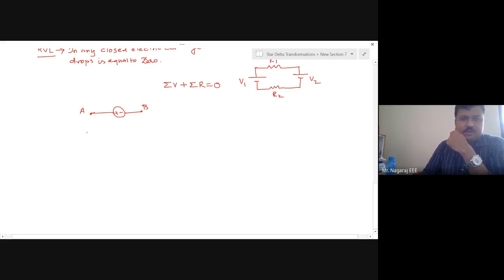Now I can have VAB and I can have VBA. I can take the potential of B with respect to A, or the potential of A with respect to B. So I want to find the potential difference, let this be E, from A to B or from B to A. Now I should consider the direction.